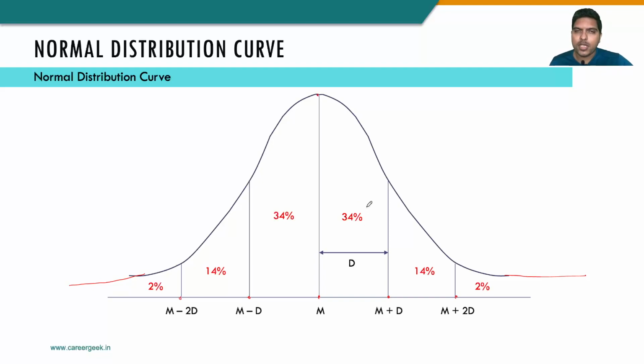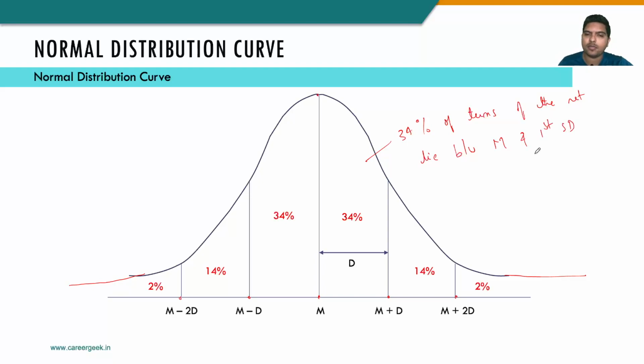This 34% says that from the mean to the next point, mean plus deviation, 34% of the terms of this set lie. 34% of terms of this set lie between the mean and the first standard deviation.